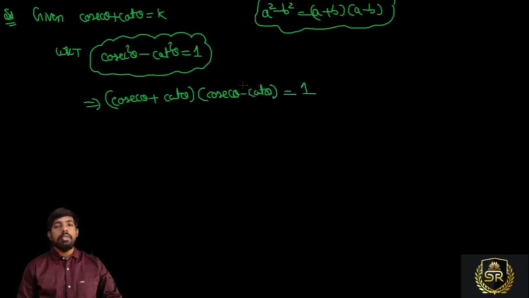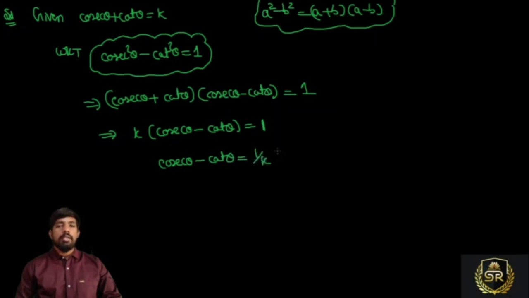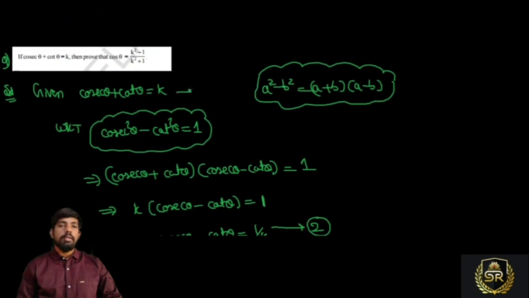We are applying a square minus b square as a plus b into a minus b. The a plus b formula we know: cosecant plus cot is k. So I am writing k into cosecant theta minus cot theta is equal to 1. Bring this k to the right hand side, it becomes divide. Cosecant theta minus cot theta is equal to 1 by k. Let us call this equation 2 and the earlier one equation 1.